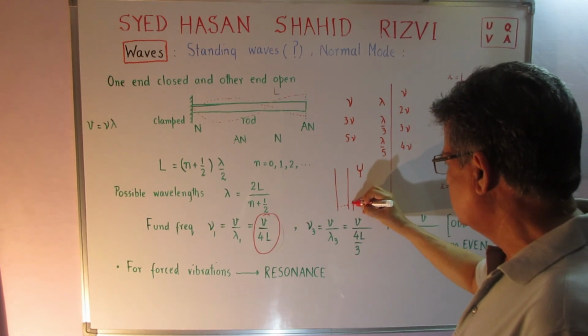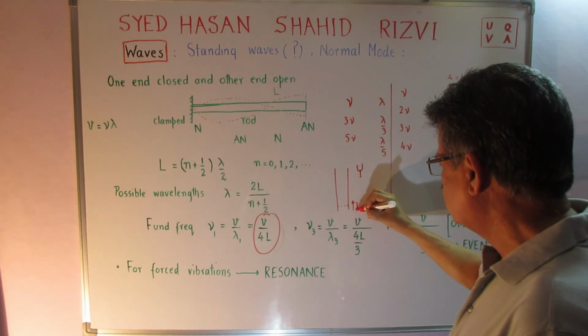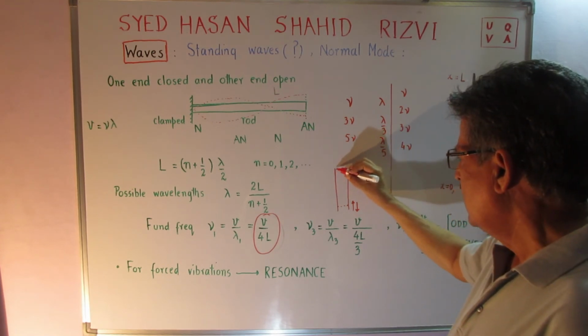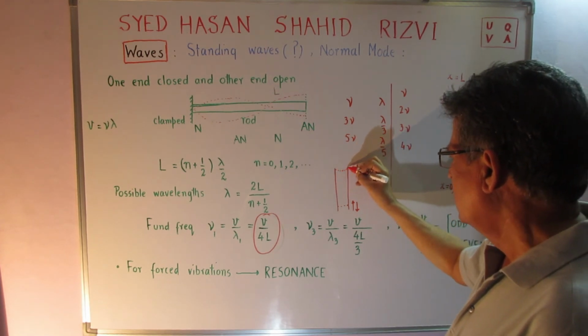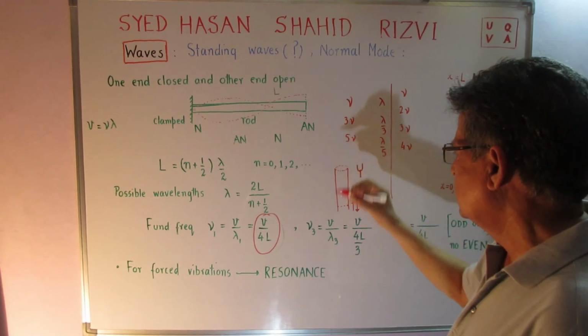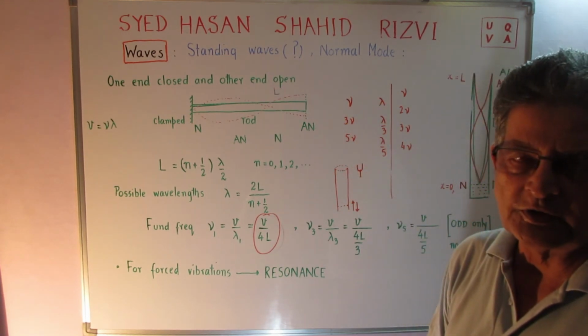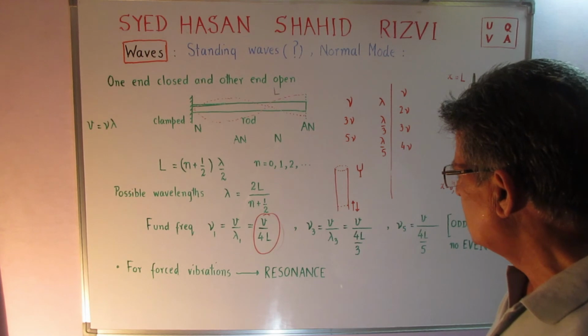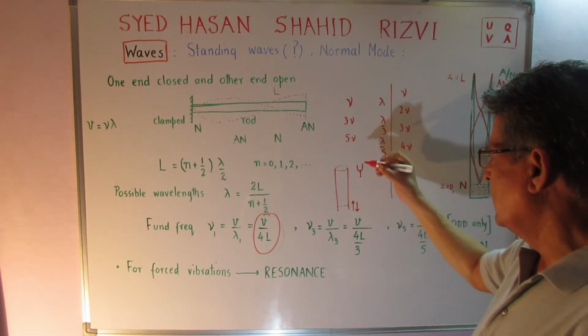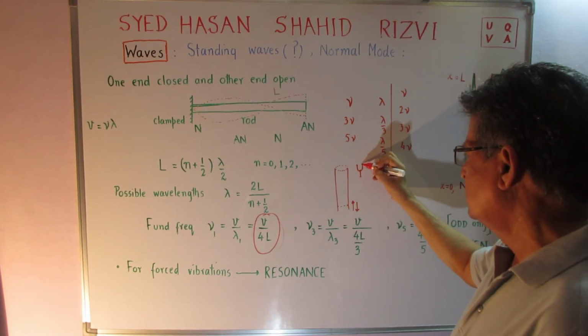I can change the position of the water in it, and when we bring the fork closer to it, there will be harmonic frequencies and third harmonic frequency, etc. obtained with the help of that.